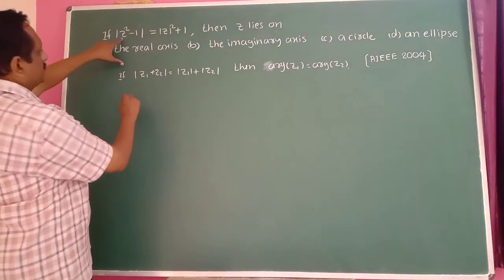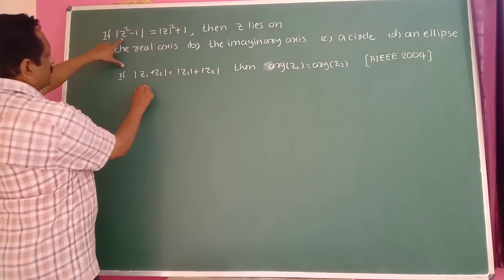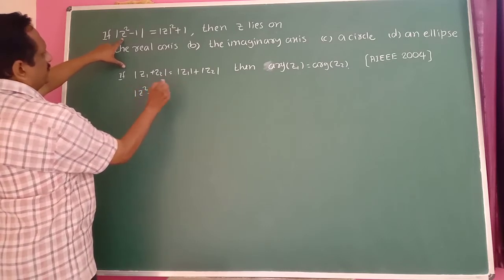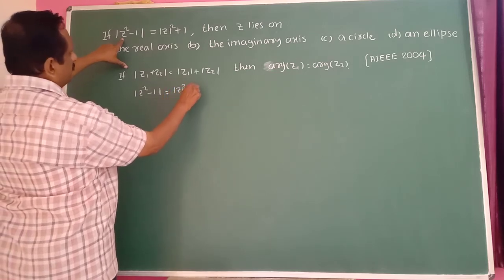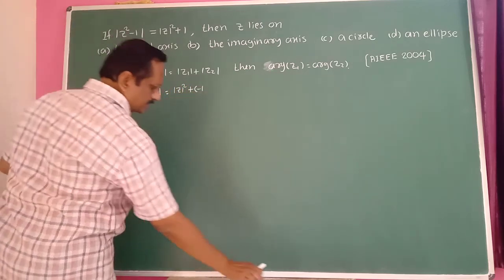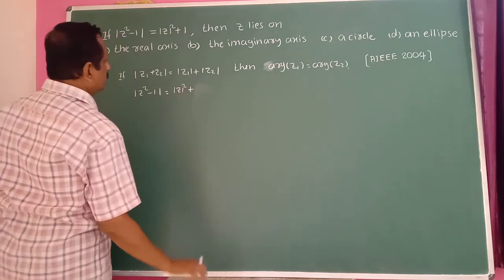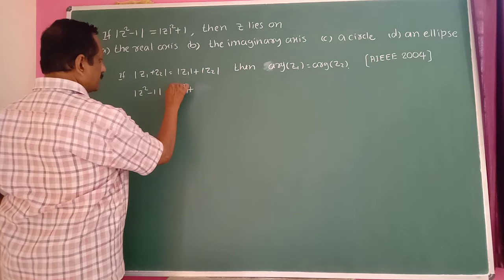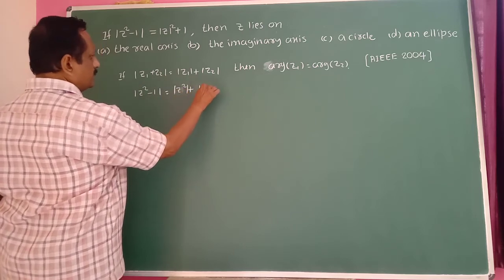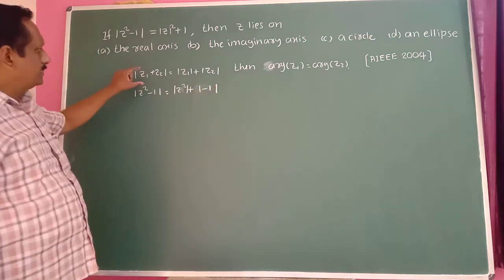Therefore, in this case, modulus of z square minus 1 is equal to modulus of z square plus modulus of minus 1. So modulus of z square is equal to modulus of minus 1. You are using this formula.